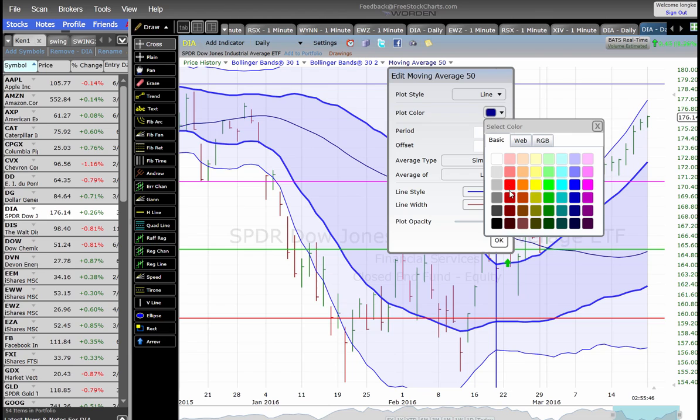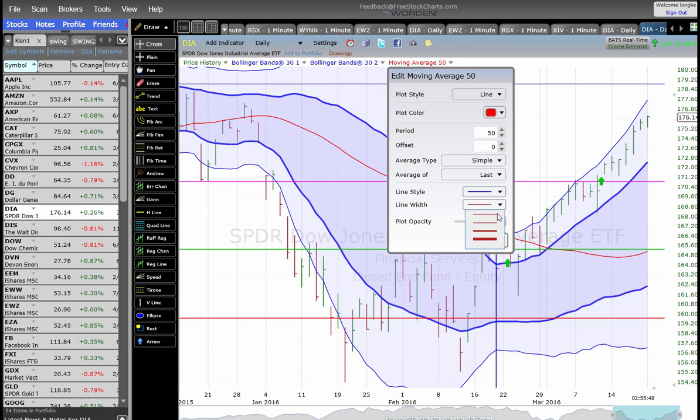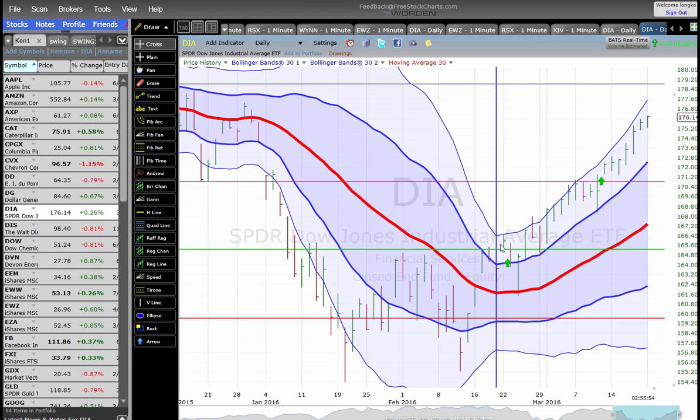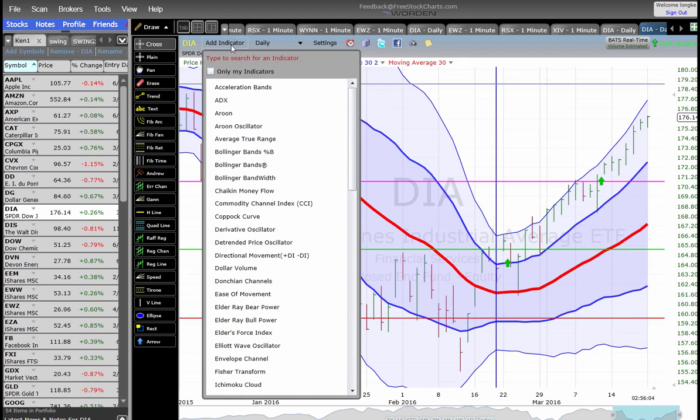And we're going to make that red and thick. So that gives us that clear demarcation of the Bollinger Band mean. Now I'm going to add the outer band, also thick red. That gives me the Z3. So this is Z0, Z plus 1, plus 2, minus 1, minus 2.